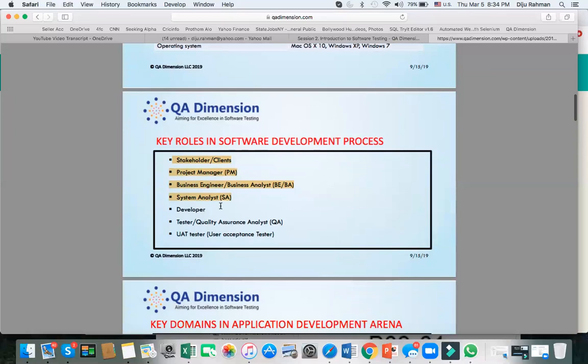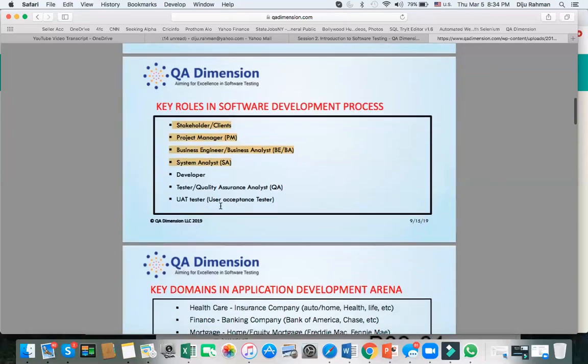Okay. The next is developer. You probably know what his role is. He's the one who is going to design or develop the system: software, application. You can call him the worker bee, who is going to make it happen.